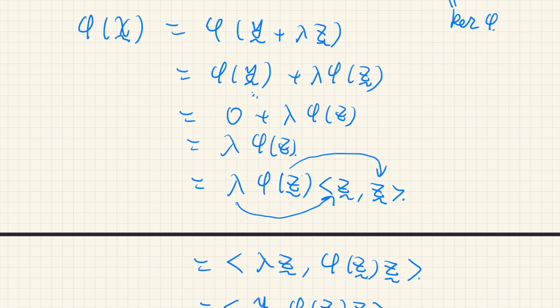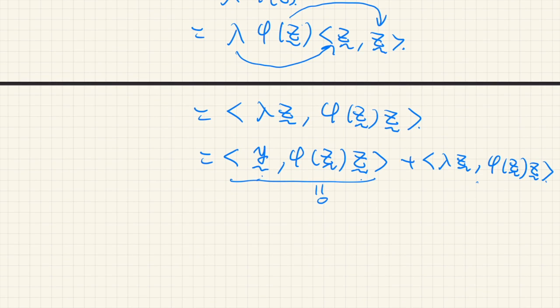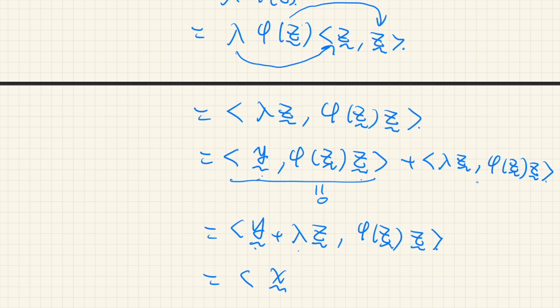This y is the same as this y, okay? But because this y is in M and this z is in M complement, this is just 0, okay? And then we repeat the previous line, and then combine these two products. And so we have the inner product of (y plus lambda z) with phi of z times z. And y plus lambda z is x.